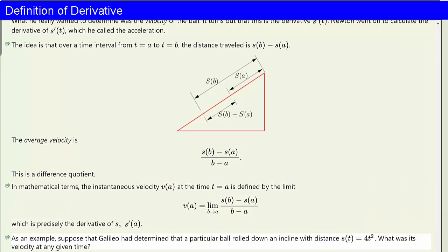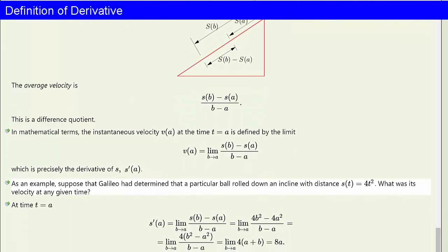As an example, suppose that Galileo had determined that a particular ball rolled down an incline with distance s of t equals 4t squared. What was its velocity at any given time? This is now just a straightforward limit calculation. At time t equal a, s prime at a is the limit as b tends to a of s of b minus s of a over b minus a.